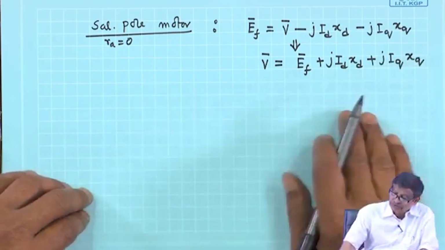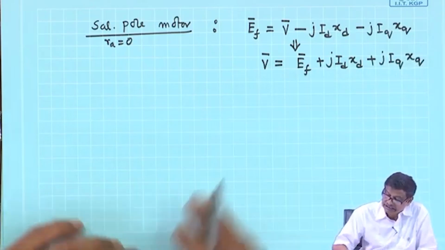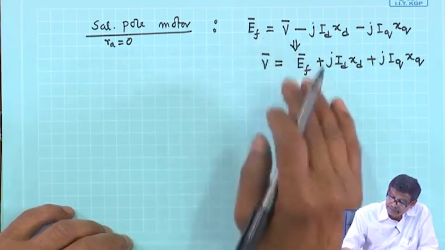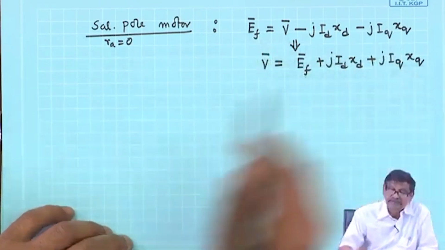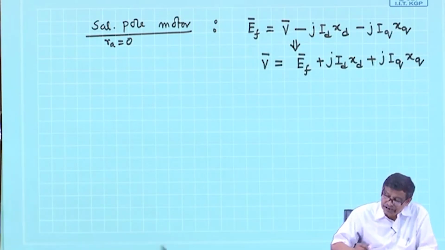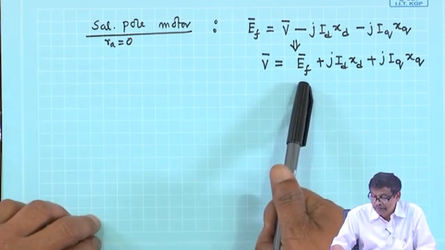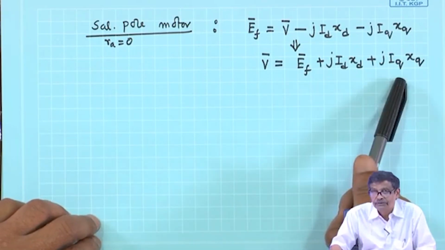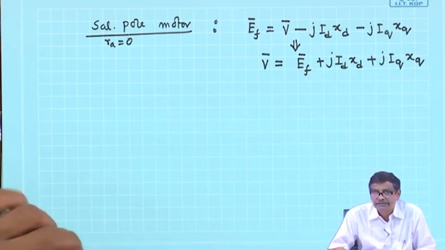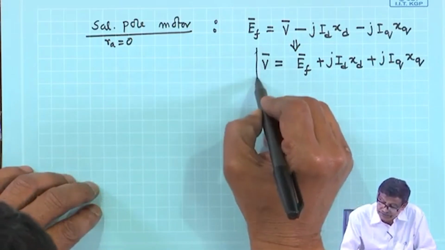Therefore, in motor mode it is better to start with EF and go on adding the drops to get the terminal voltage. That is what I want to stress upon.